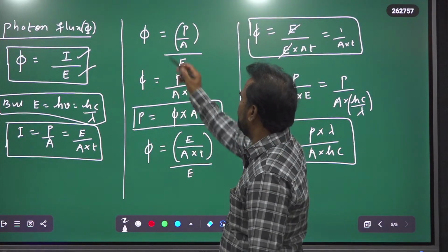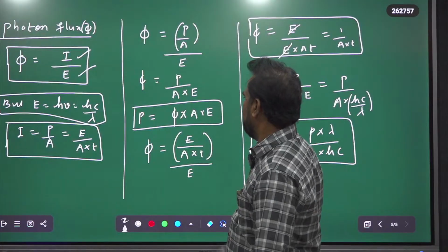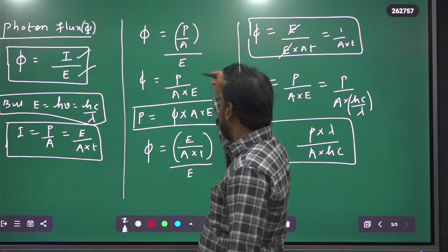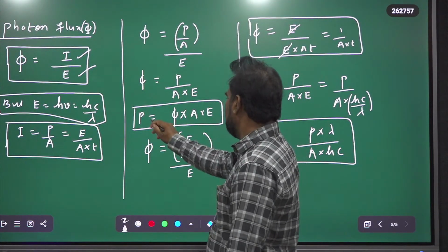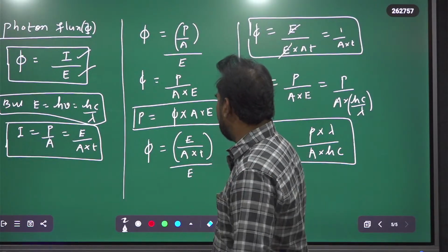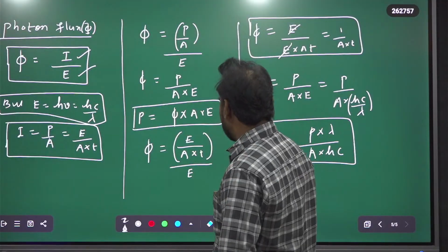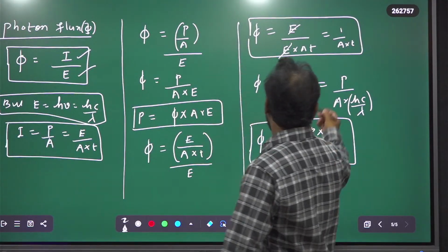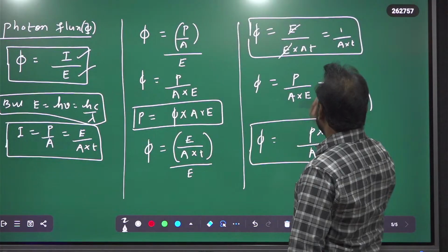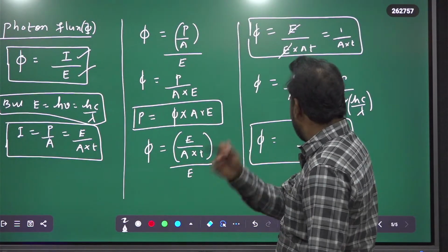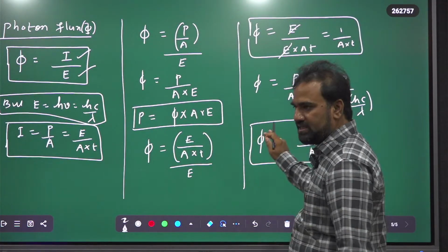What you will get? Phi is equal to P upon A into E, that is phi is equal to P upon AE. So from this P is equal to phi into A into E. Or in the form of A and T only, phi is equal to 1 upon AT. Next, in the form of wavelength and pressure.